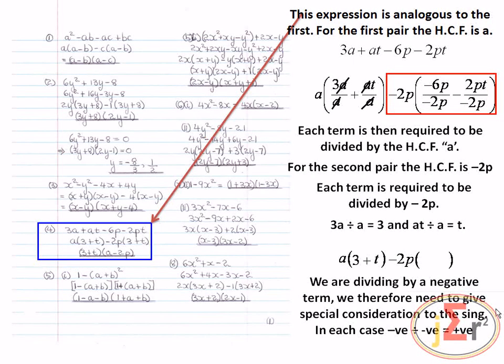In each case, negative divided by negative is equal to positive. So we have taken out the common factor of negative 2p and we are dividing each term by negative 2p. Negative divided by negative is positive. 2 into 6 is 3 and the p's cancel. The 2's will cancel, the p's will cancel, and we have t.